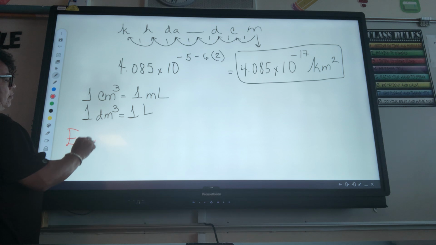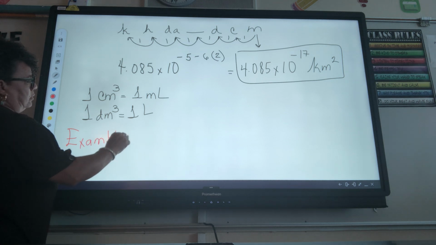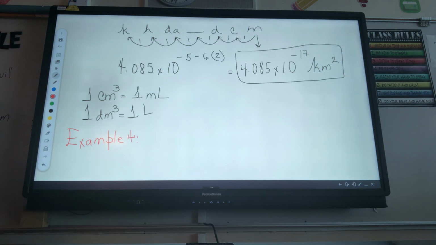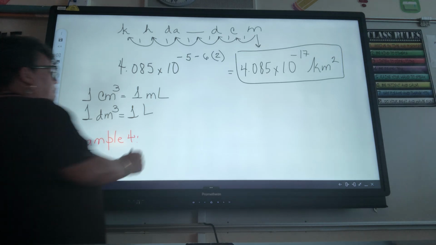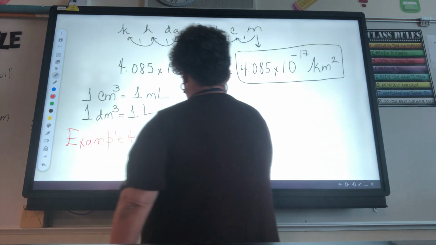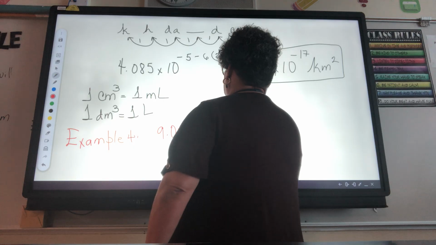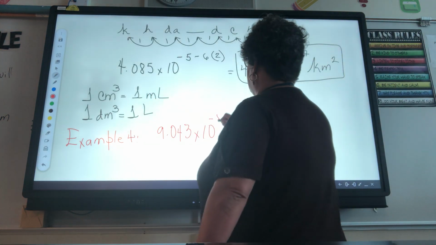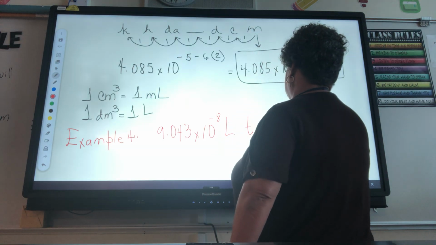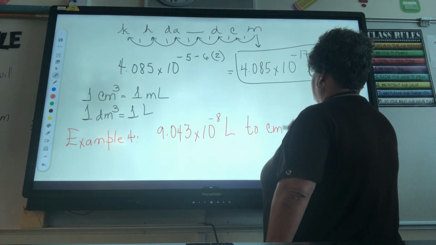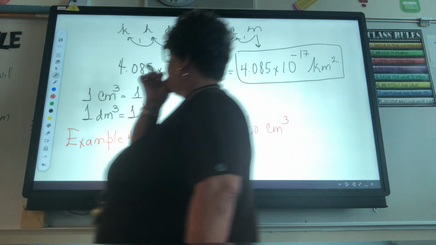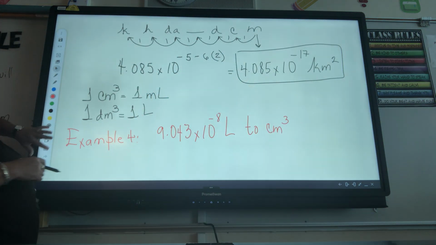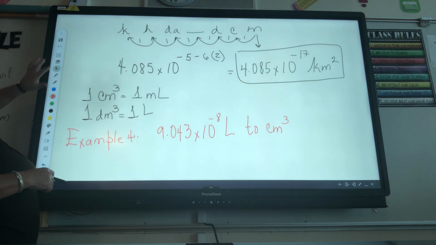Example number 4. ¿Qué le pasa a él? Example number 4.